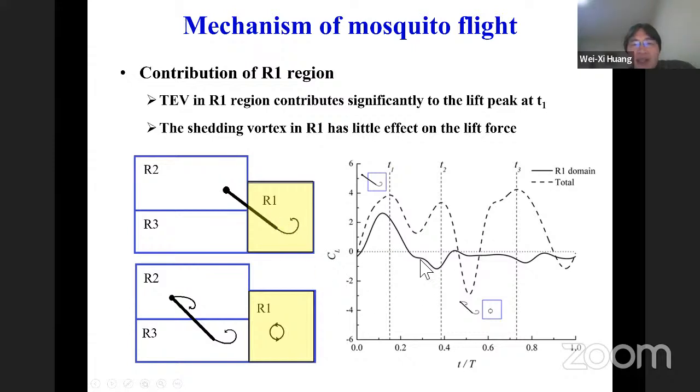At a later time, when it is shedding from the wing, it has little contribution to the total lift. So the first peak of the lift force is from the trailing edge vortex at an early time.